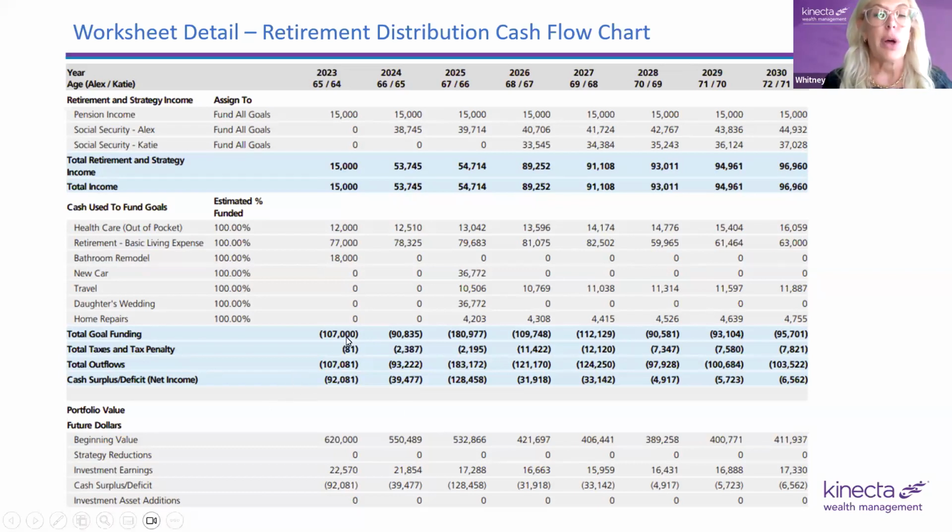So, below here, we are going to take a look at the total outflows in the account. And then we're taking a look at taxes. The way that the software works is we do spend your taxable assets first and then go into your qualified assets.